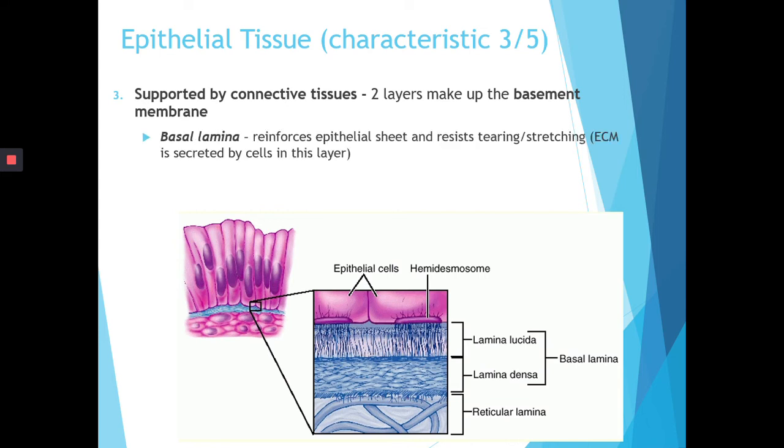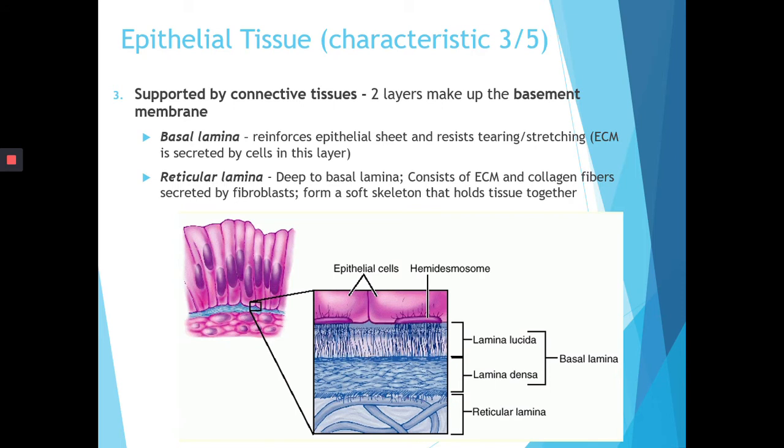Those two layers are the basal lamina and the reticular lamina. Now, we've seen the basal lamina earlier, but like I mentioned, it reinforces the epithelial layer. It resists tearing, it resists stretching, and you have extracellular matrix, which is secreted by the cells in this layer, therefore strengthening and fortifying that connection.